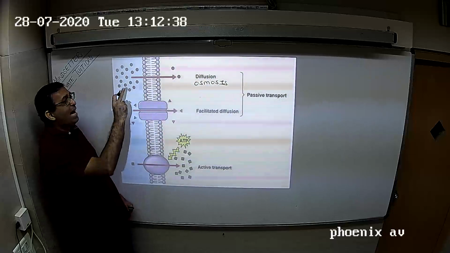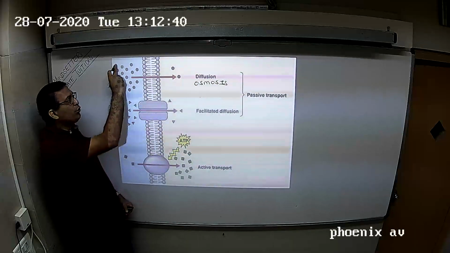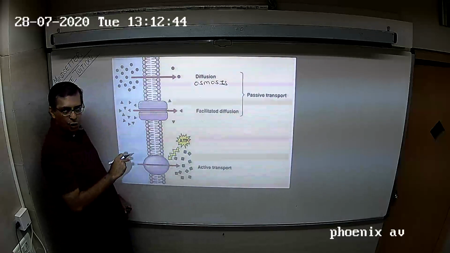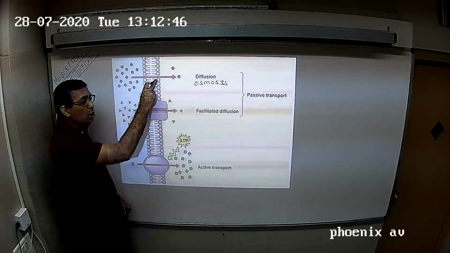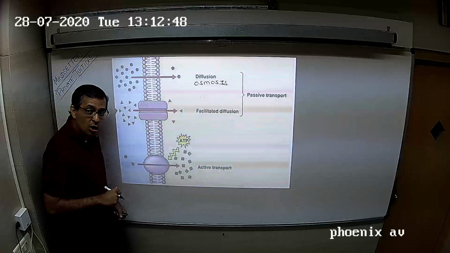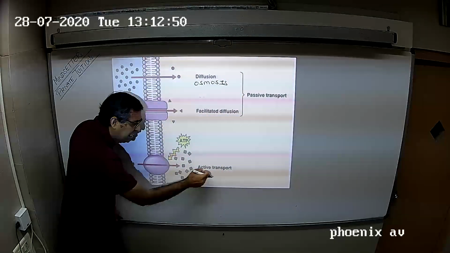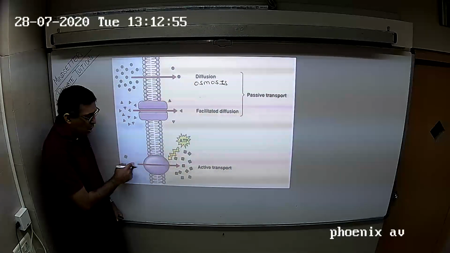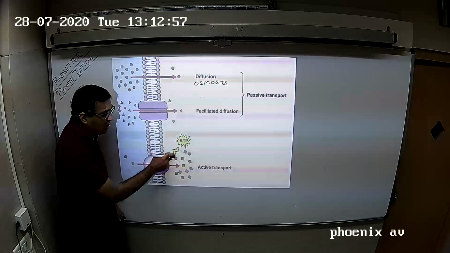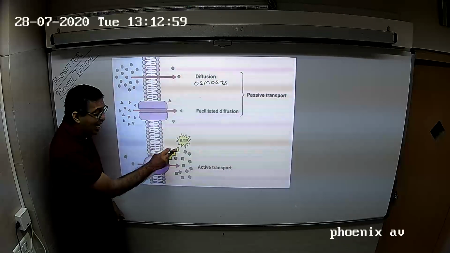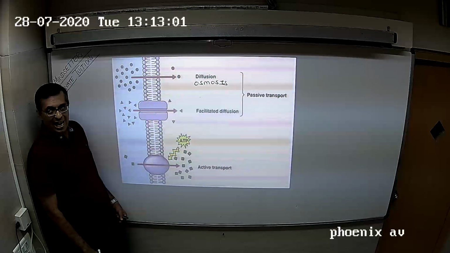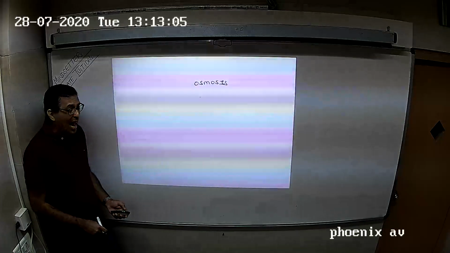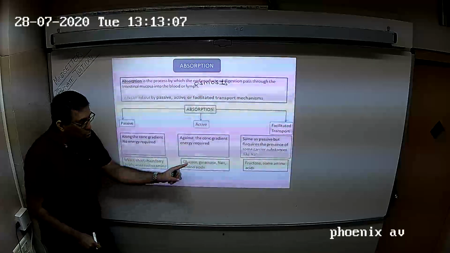So, passive absorption was from high concentration to low concentration. We didn't need to spend any energy for that. Active absorption is from low concentration to a higher concentration, and for that energy is spent. ATPs are spent. Which substances undergo active absorption?